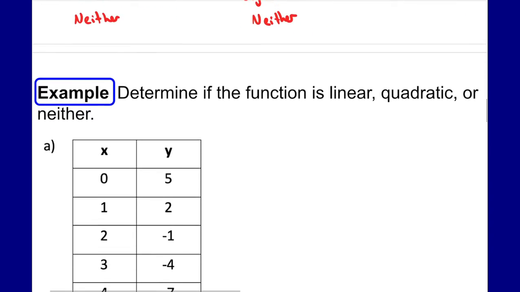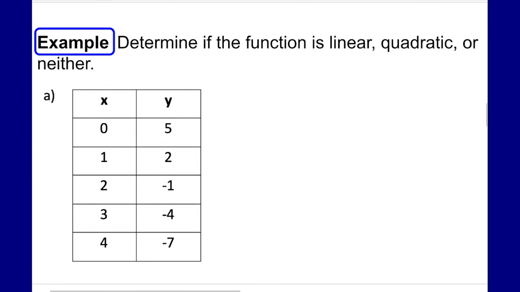Now we're going to move into looking at table of values. This is where we have to understand what first and second differences are. Hopefully you remember from grade 9, maybe even grade 10, that first differences basically means I take the difference of the first two values. So 2 minus 5, bottom minus the top, gives me negative 3.